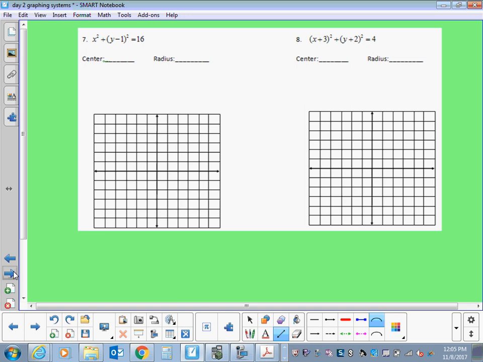I want you guys to do 7 and 8. Before we get started, what's the center of 7? 0, positive 1. And what's my radius? 4. Right? Center 0, 1. Radius is 4. 1, 2, 3, 4.